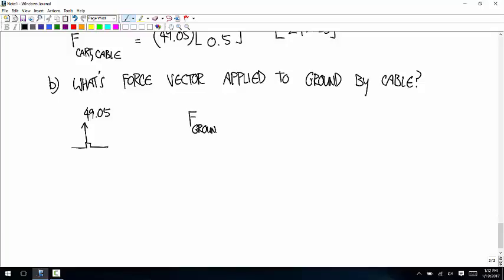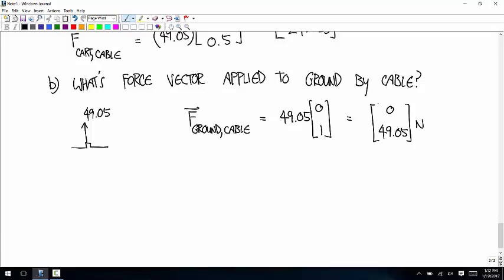So the force on the ground by the cable is 49.05 times a unit vector that's straight up, or 49.05 newtons. Any questions about that?